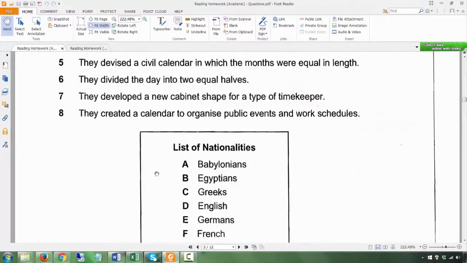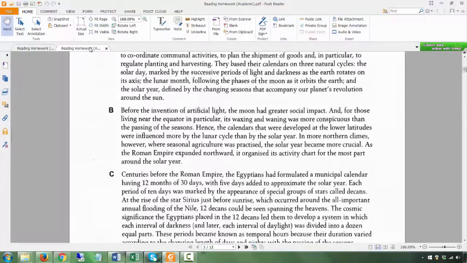Let's go back to the question. Devise a civil calendar in which the months were equal. Now, 12 months of 30 days each month, the months were equal. Civil calendar. What is civil? Civil means local, of the community, which has a pretty similar meaning to municipal.